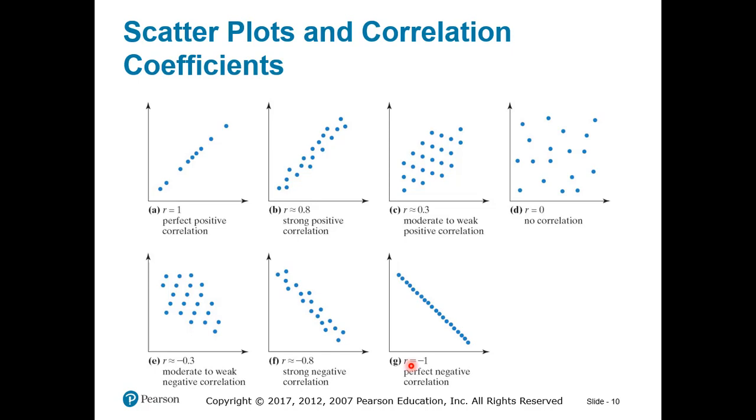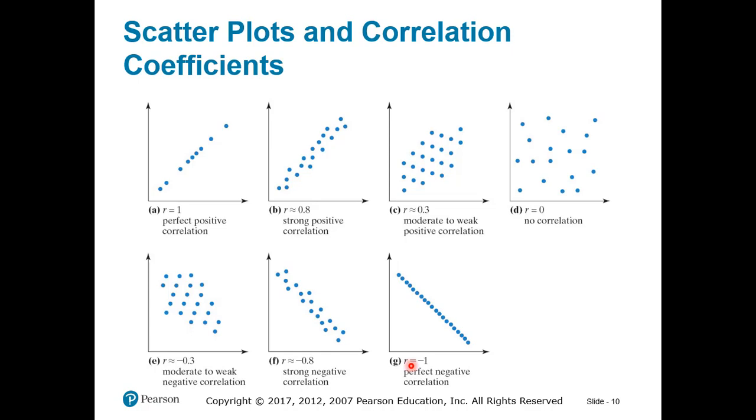So now notice that the range of R values goes from -1 to +1, and it's a continuous range. If it's positive, then it's going upwards from left to right. If it's negative, then it goes down from left to right. Anything close to 0 is weak to no correlation.